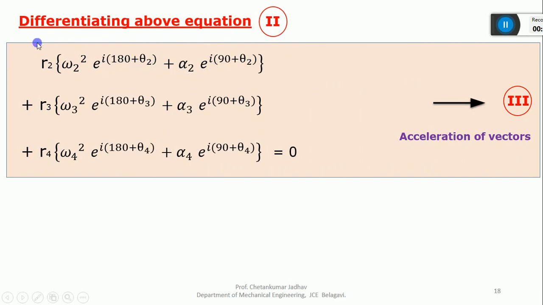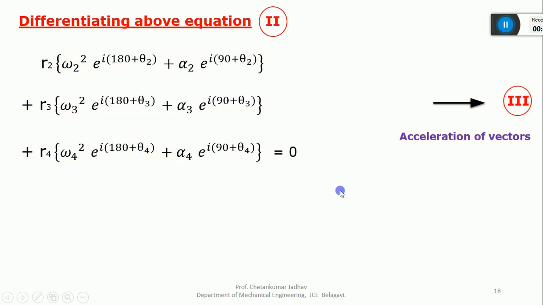This is for the second vector. Just write the same equation, just change the numbering because this is for the third vector. So 3, wherever there is r, omega and theta, just change the suffix. Similarly, when you differentiate the velocity vector of link number 4, you'll get this one, with r4, omega 4 and theta 4.